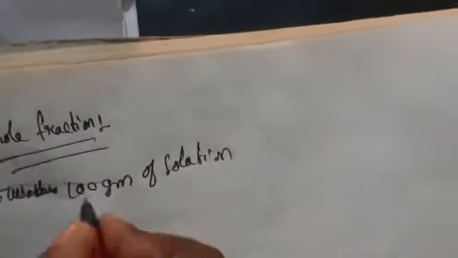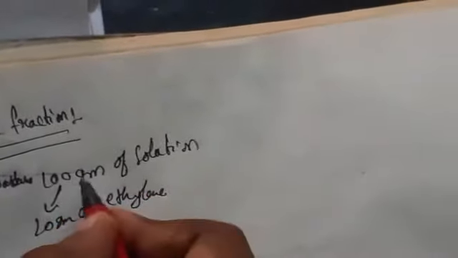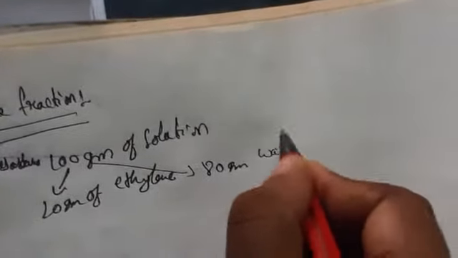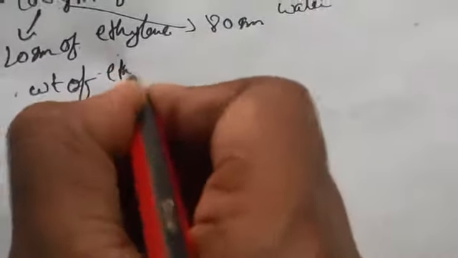In this, 20 grams will be ethylene glycol and the remaining 80 grams will be water. Okay, now it is sufficient, 80 grams plus 20 grams, 20% he has told. So out of 100 grams we are having 20 and 80 grams. So now what is the weight of ethylene glycol? What is the formula?